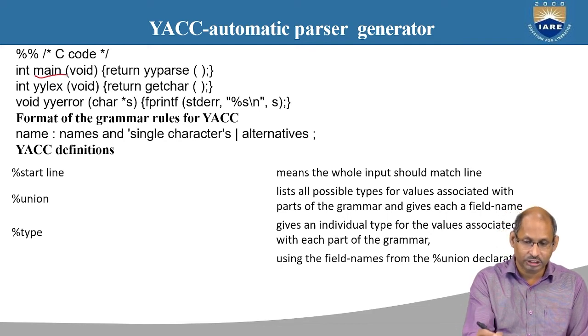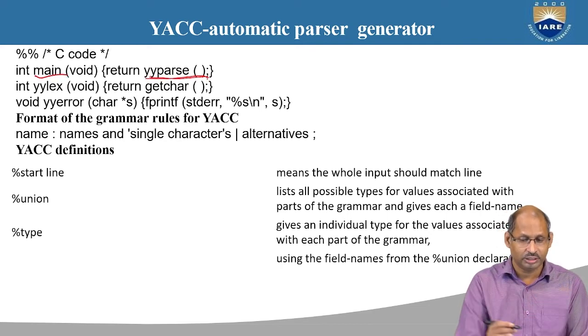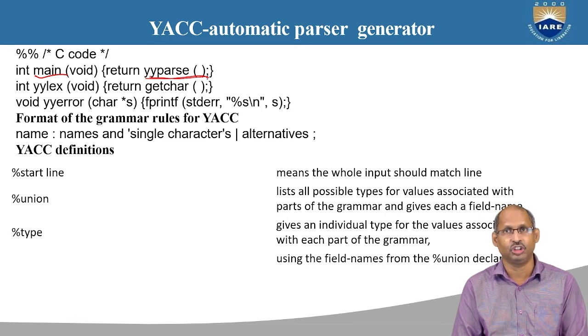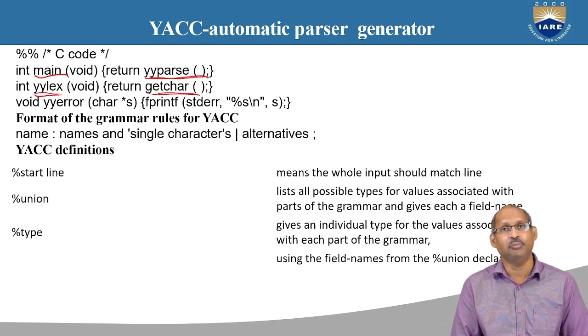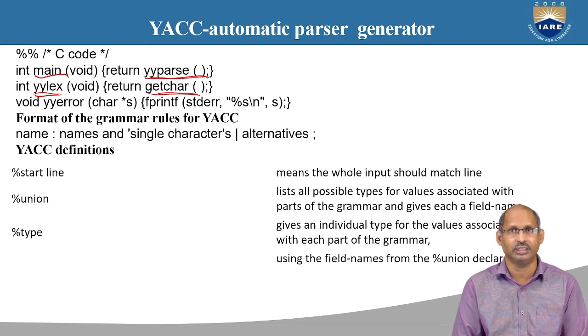So main function tells about the return of the parse function. Then yylex returns getchar. It communicates with the lexical analyzer to receive the next tokens.